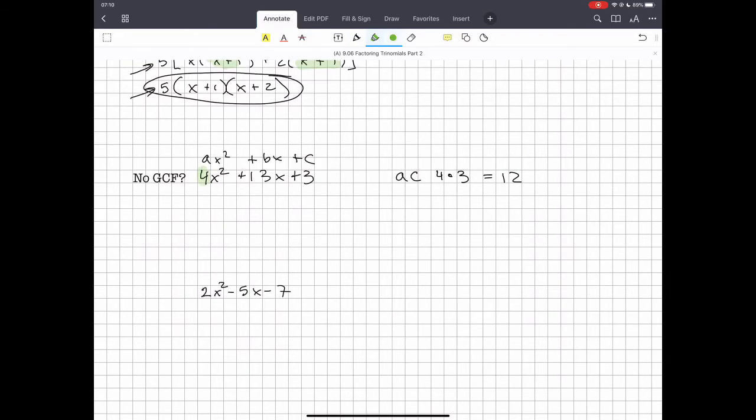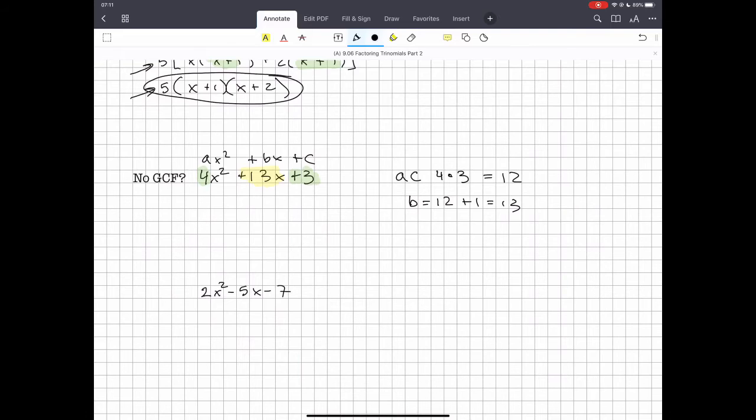So I took this value and that value, multiplied them together to get 12. And now I'm asking myself, what are factors of 12 that add up to positive 13? Right, so b is 13, and my factors of 12 that add up to 13 are 12 plus 1.